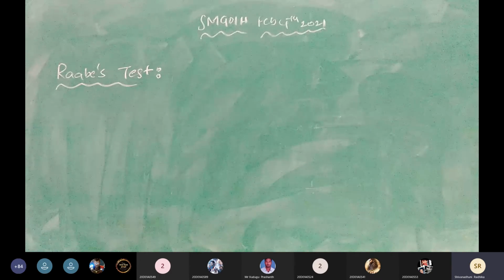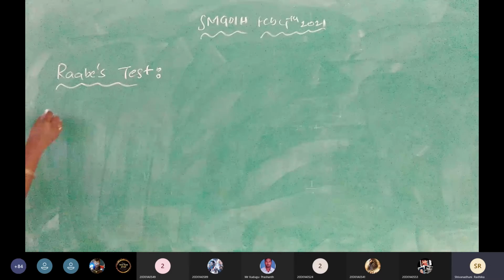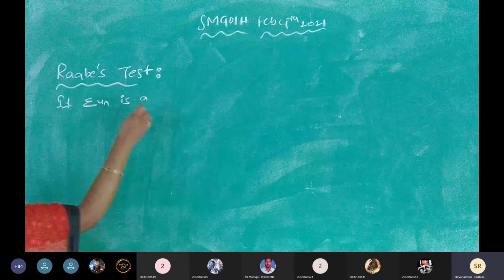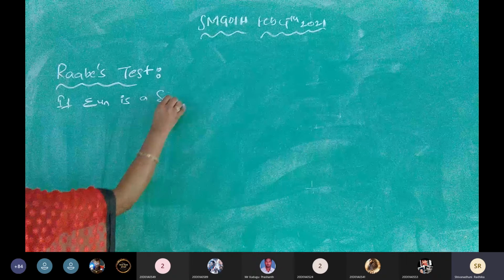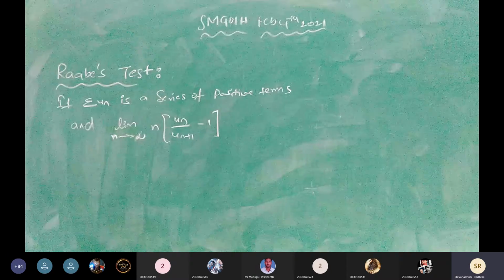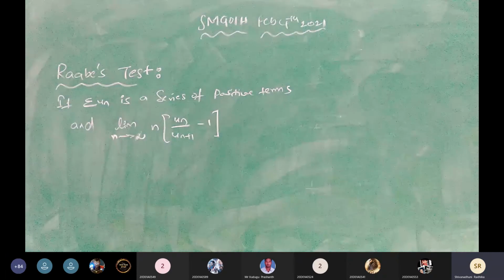If summation un is a series of positive terms and limit n tends to infinity n into (un by un plus 1 minus 1) equals L, then first one, L greater than 1, convergent.